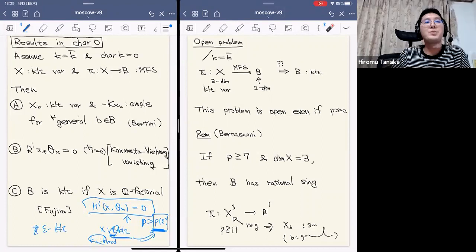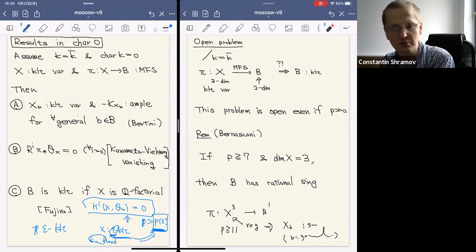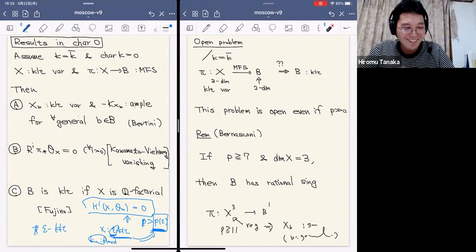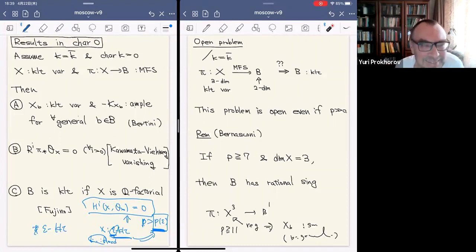Sorry, characteristic 2 and what dimension? Well, I don't know. Say dimension 3 and terminal singularities. Nobody knows.